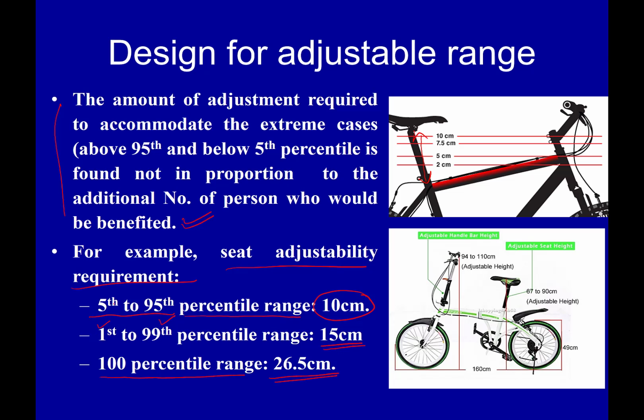So if you see this, for 90% of the people you need just 10 centimeters of seat adjustable range, but for the additional 8% of the population you need 5 additional centimeters, and for one more additional percentage you need a further 11.5 centimeters of adjustable height range. So these will be pushing the cost significantly, and that's why in the design, even for adjustable range, we cover the 5th to 95th percentile of the range.